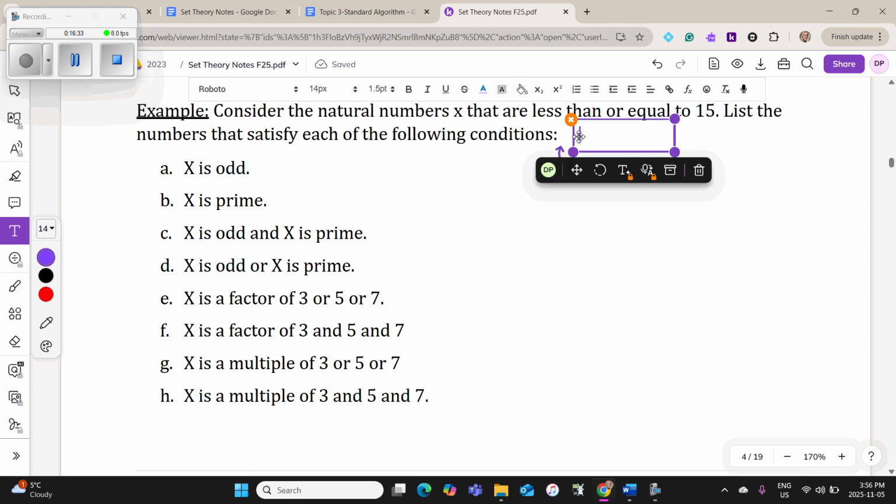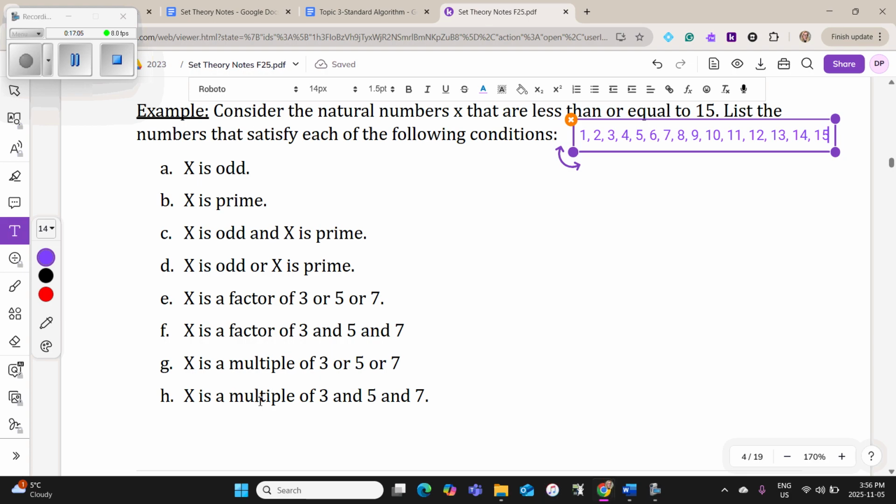So it says the numbers x that are less than or equal to 15. So natural numbers means 0 is not included. So we're going to 1, 2, 3, 4, 5, 6, 7, 8, 9, 10, 11, 12, 13, 14, 15. Oh, wait. Less than or equal to 15. Oh, so I can include 15 because it says less than or equal to. 16 is not going to be included. So these are the numbers that we get to choose from.